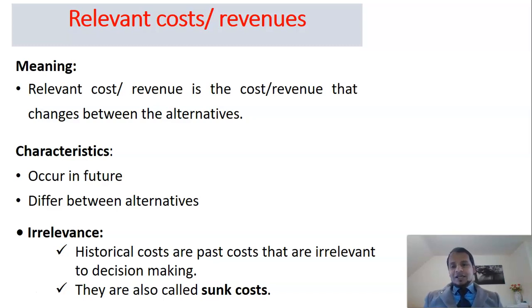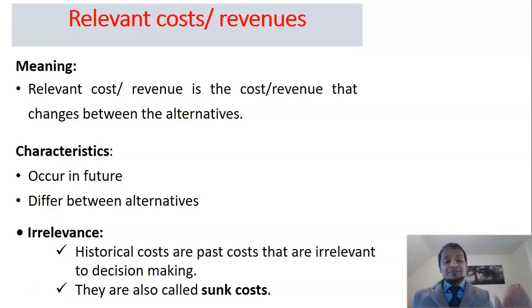If we buy a material or if we make a material, what will happen to a particular cost? So we have two options. One is make, the other one is buy. If a particular cost, for example, factory rent or production manager's salary, will it change if we buy? Will it change if we make?